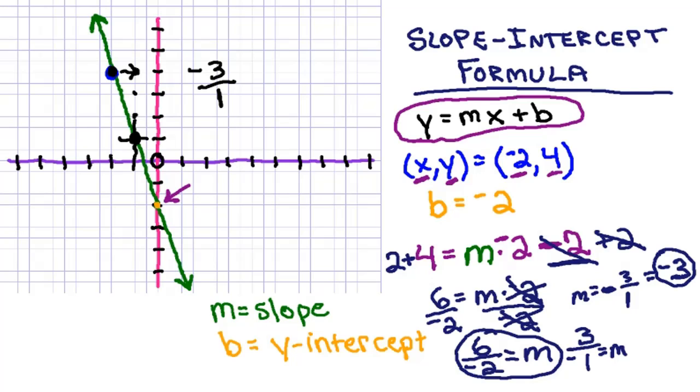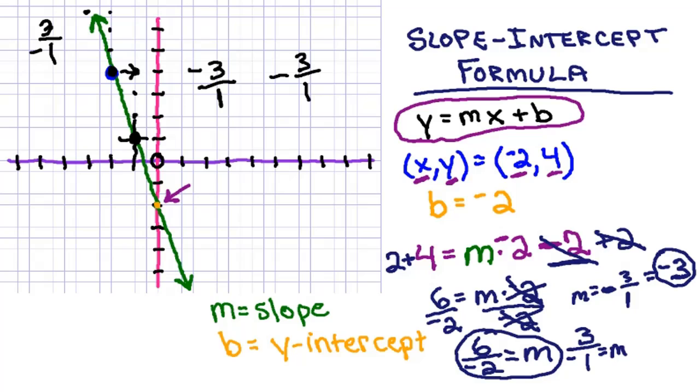Remember from the previous video about slopes, if you have a negative 3 over 1, it doesn't matter which number the negative is attached to, because we could have very well gone the other way and counted up 1, 2, 3, and then backwards over 1 if we had room on this graph. That would be positive 3, negative 1, but it still would have given the slope for the line.